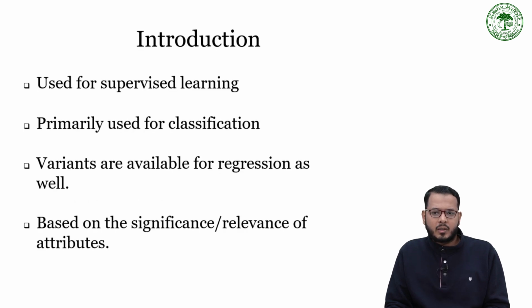First of all, decision tree is a supervised learning algorithm. That is, it works for data having x and y pair values. Though primarily used for classification tasks, it is important to mention that they can be extended to regression tasks also. The logic of decision tree lies in their use of the significance of attributes to make decisions.